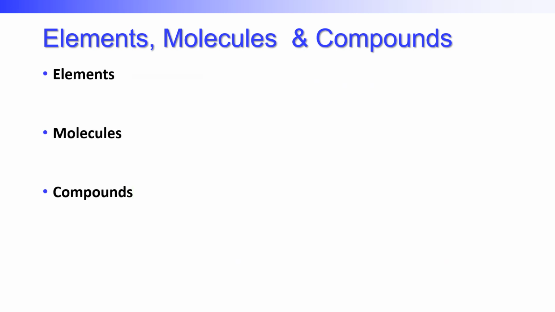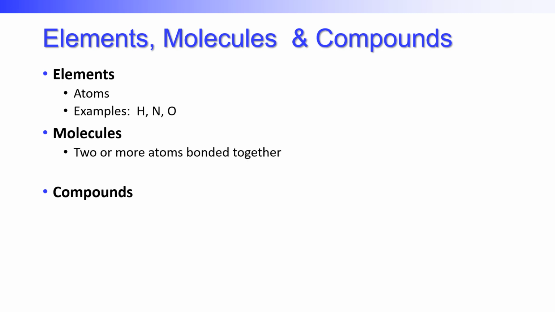What makes up elements? Atoms. And what are some examples? Hydrogen, nitrogen, oxygen, anything you pluck off the periodic chart. So molecules, how would we define molecules? Two or more atoms bonded together, and examples would include hydrogen gas, nitrogen gas, oxygen gas, as well as water, nitric oxide, sulfur dioxide.